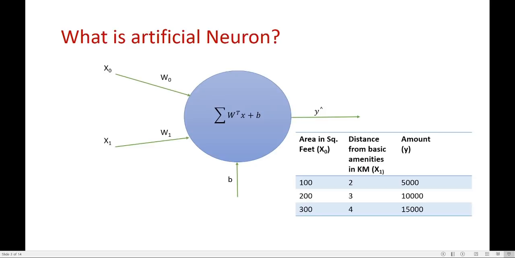So we are trying to identify what will be the predicted value y cap. Bias is just used to shift the linear line from the origin 0. So W transpose X plus B is very similar to y equals mx plus c. So we are trying to capture the linearity between X and Y.